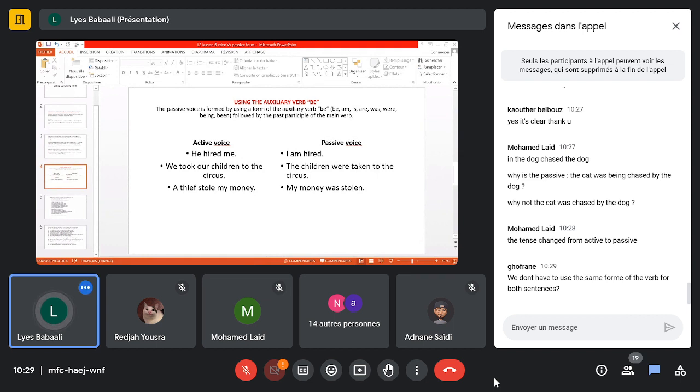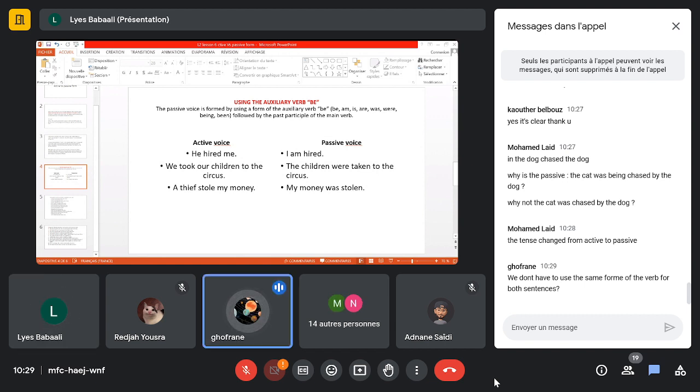We change the form of the phrase from active to passive. So we don't have to use the same form of the verb for both sentences? You mean the same tense? Tell me that again, sorry.